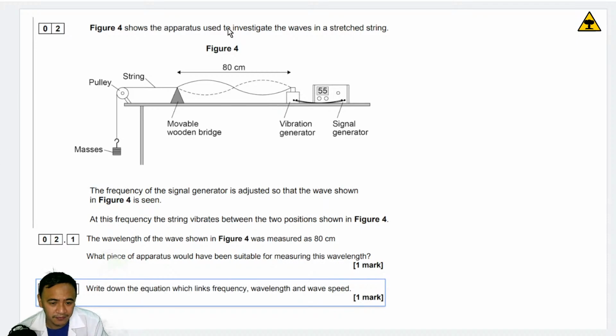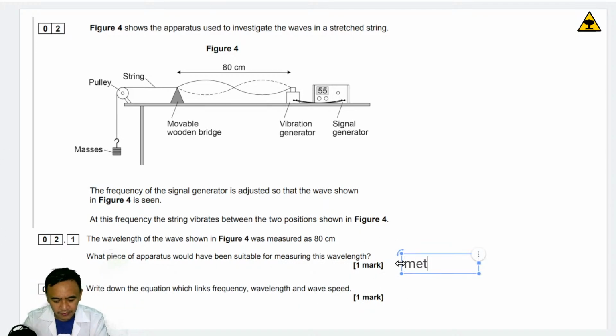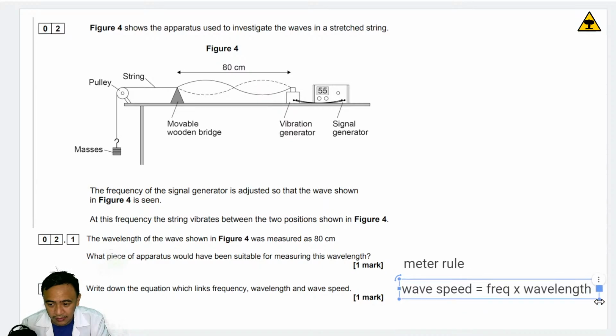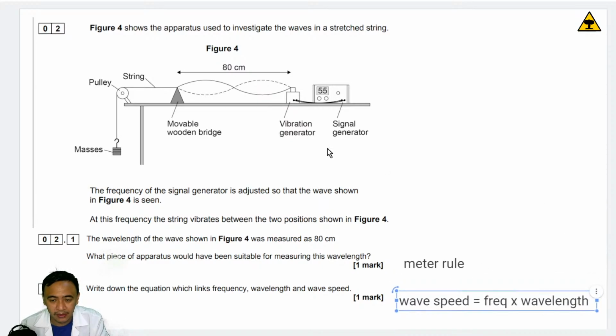Let me just note these down. Meter rule. And then wave speed is frequency times wavelength. All right, next.